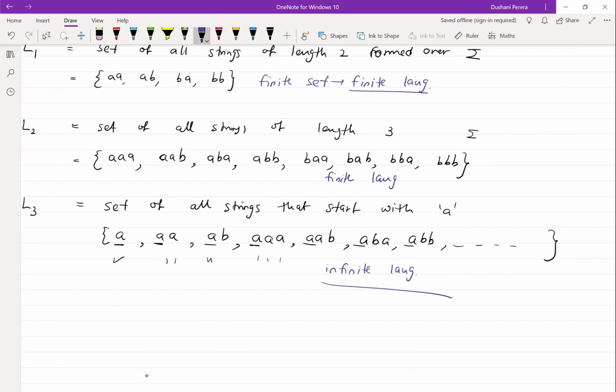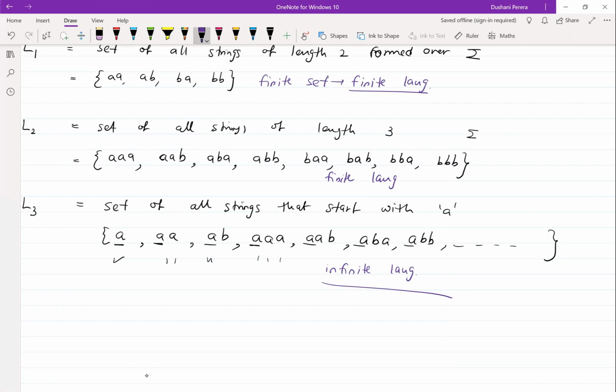A language which can be formed over a given alphabet could be either finite or infinite. It contains a set of strings that are formed over a particular alphabet.